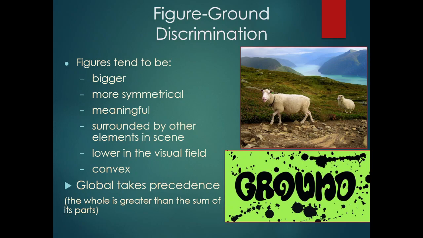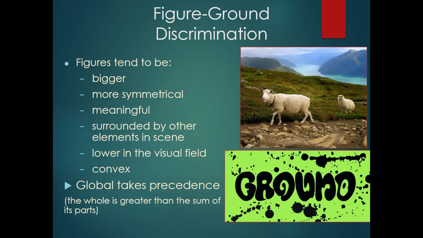Now, lower in the visual field, they are the same height, right? Because figure's inside of ground, but I think we could argue that the bottom of the letters of ground are beneath the level of the letters that make up figure. So I think ground has that on its side. And then convex, the way that they drew the black letters seem to be coming at us more than the way that the empty space that forms the word figure does, that doesn't seem to have that convex quality.